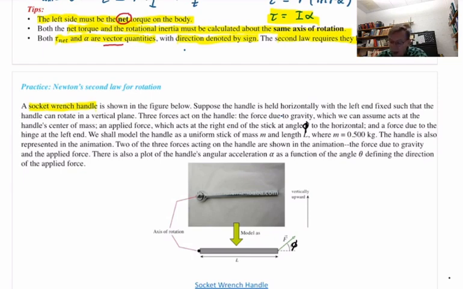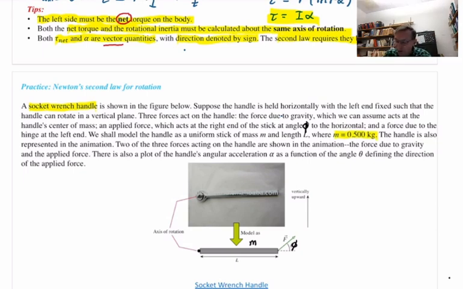So we're going to model this handle the way a physicist would: a uniform stick with mass evenly distributed, mass m, length L, where the mass is 0.5 kilograms. And I'm going to show you a Wiley Plus animation of the handle in just a minute.